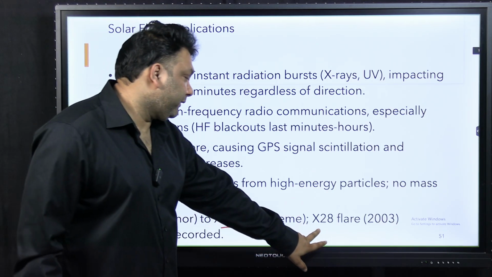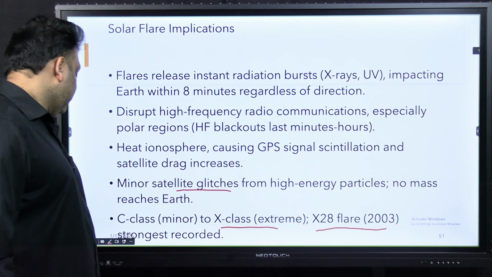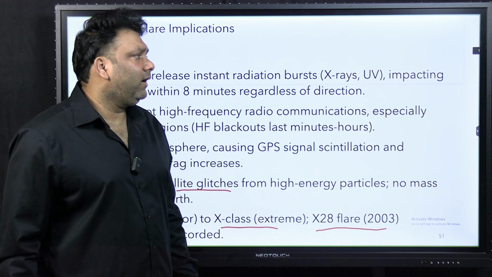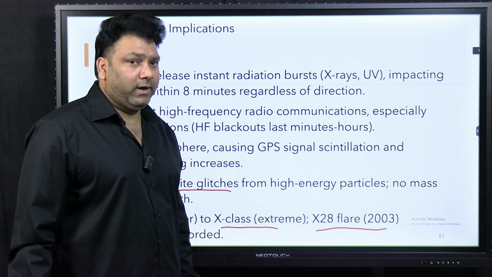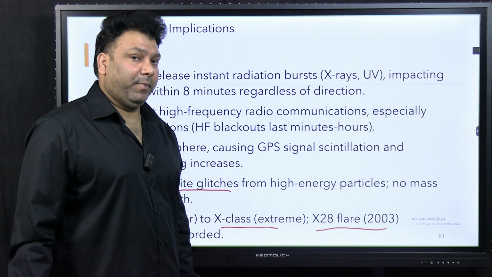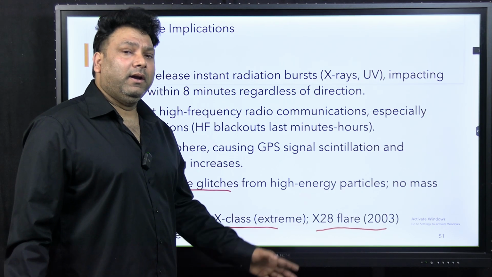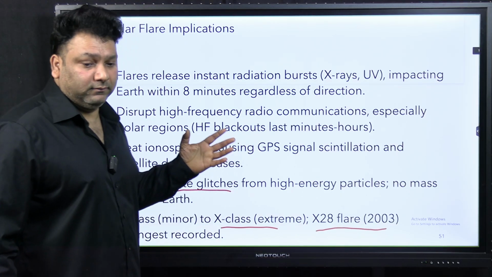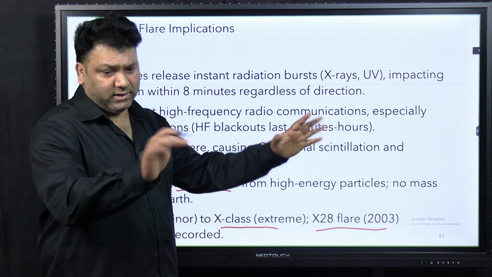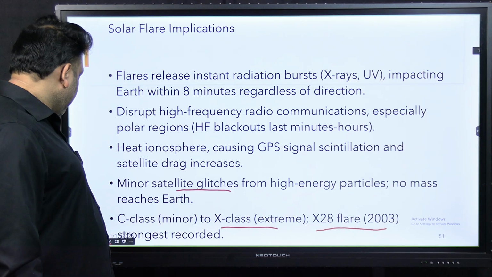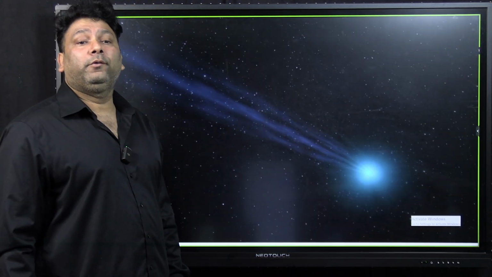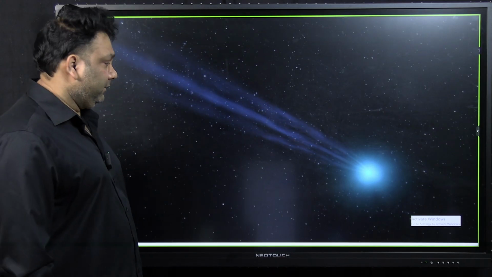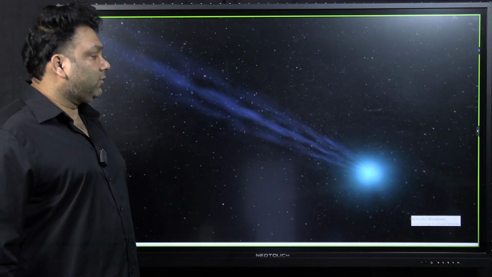The X28 flare happened in 2003, the strongest recorded till now. Once there was a complete blackout in Canada. Power grid failure happened because of this CME, and an entire power blackout happened, meaning electricity went out completely, everywhere. It happened in India also, but it was not because of a solar flare, it was because of some Chinese conspiracy. Now, the next topic is the comet.